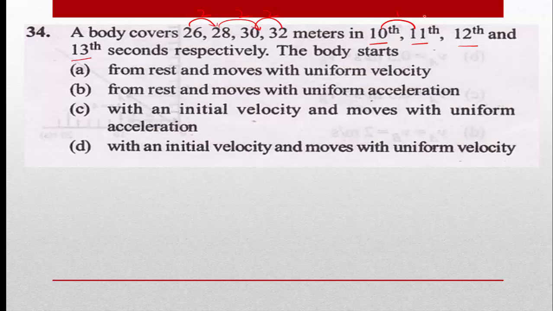Here 10 to 11, 1 is the difference; 11 to 12, 1 is the difference; 12 to 13, 1 is the difference. Option A: from rest, moves with uniform velocity. Option B: from rest, moves with uniform acceleration. Option C: with an initial velocity, moves with uniform acceleration. Option D: with an initial velocity, moves with uniform velocity. These are the four options.